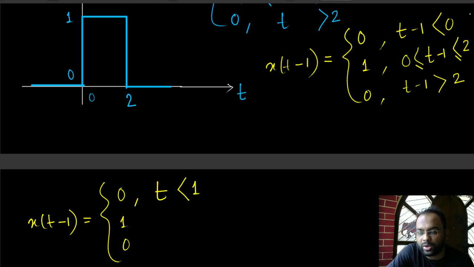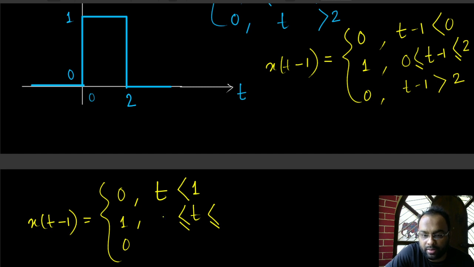So the signal has a value of 0 while t is less than 1. So this minus 1 is put to the right hand side of this, and now this signal has a value of 1 when 0 is less than or equal to, so again I have t. So this minus 1 is taken care of by adding 1 to this entire inequality.